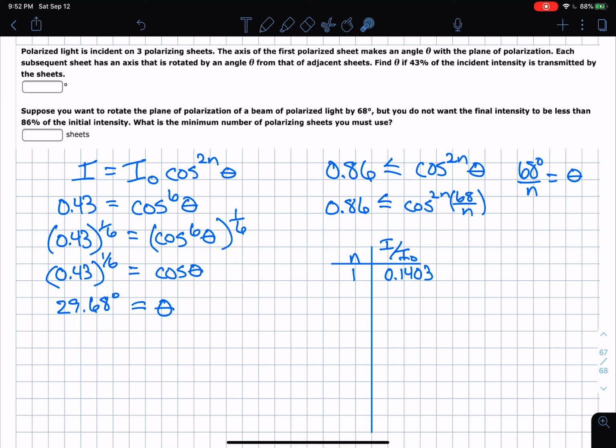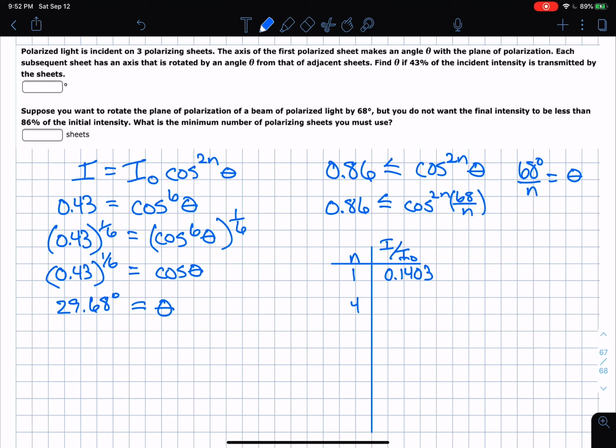Obviously, that is not greater than or equal to 0.86, so I move on. I try another one. Now, that's pretty low. I'm not just going to move to 2, 2 is obviously going to be too low. Let's jump up a little. Let's jump up to 4. Let's see what 4 is.